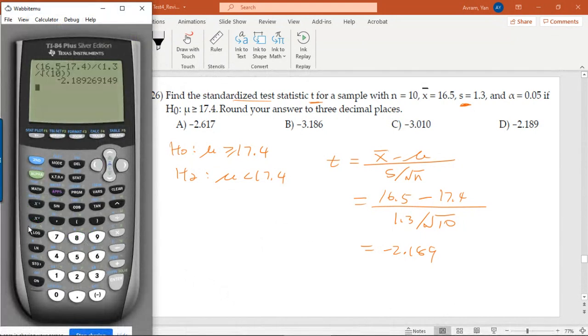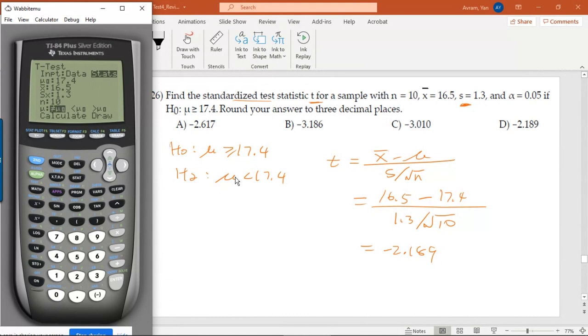Another way to find this, you can go to stat, test, and then we're using the t-test in here, okay? And we input the same information. Mu is 17.4, x bar is 16.5, s here is 1.3, n here is 10, okay?